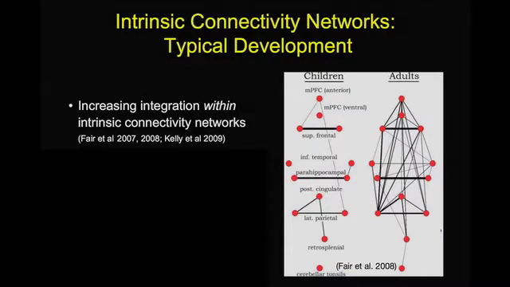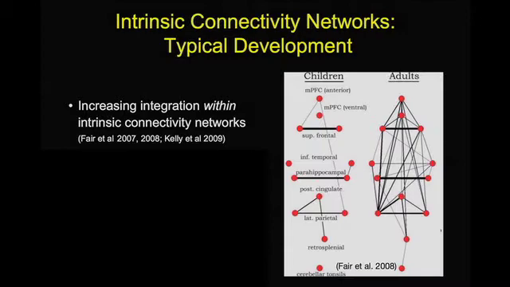Okay, so what do we know about how these connectivity networks develop? Well, there is a lot of work that is beginning to be done, and I cannot review it all, but I just want to give you two main points. One, when you're comparing children to adults, you see an increasing integration within networks. So forget about all of the names and the labels on this one.